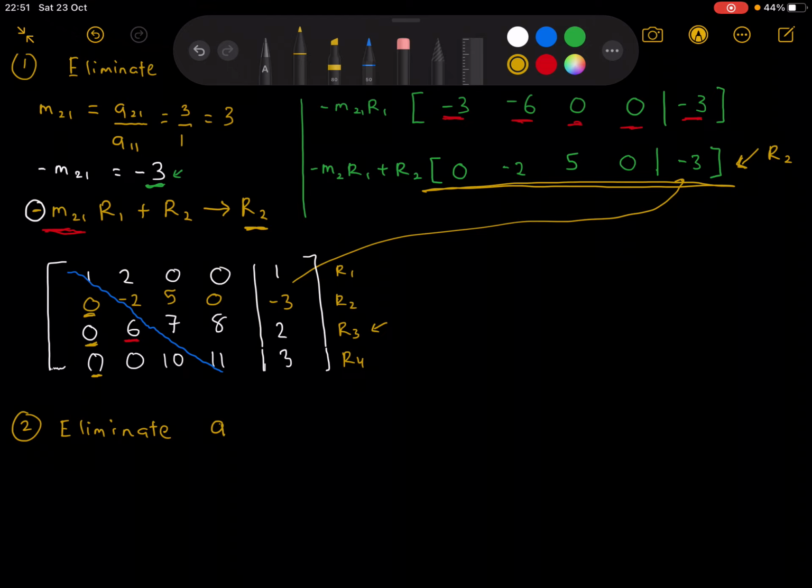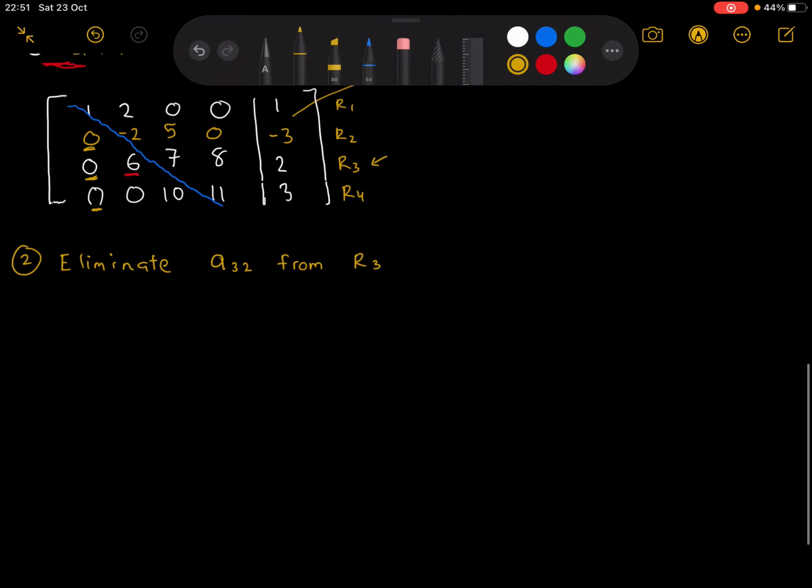The way we write it in matrix, if we're referring to the value of 6, is A, row number 3 and column number 2, from row 3. So same approach. First we need to find the multiplication factor for this one in order to make sure it becomes 0.